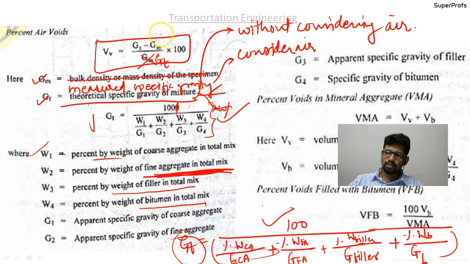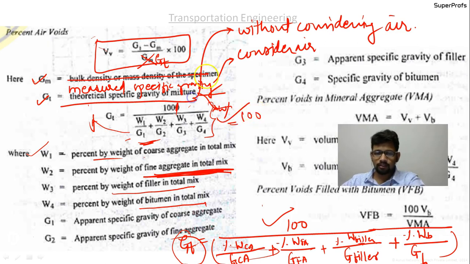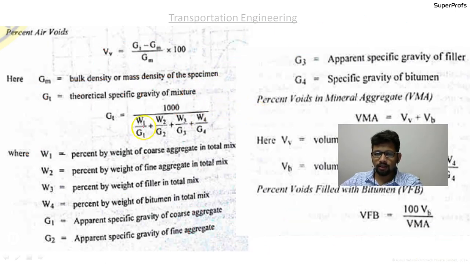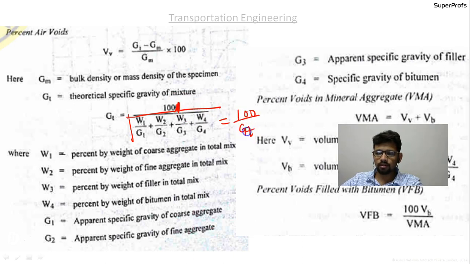In this formula, you can relate that if this was on the left hand side, then the right hand side would have been 100 upon GT. You see, it is for the first constituent, second constituent, third constituent and the fourth constituent.